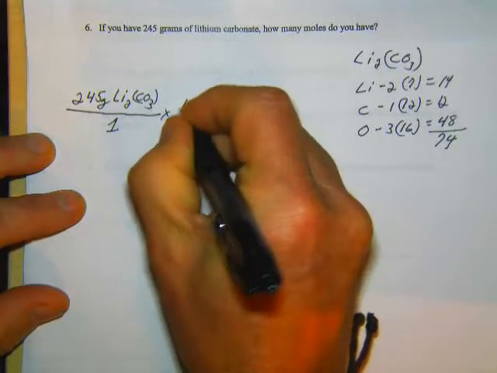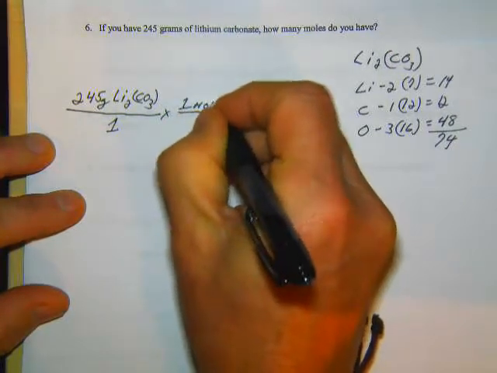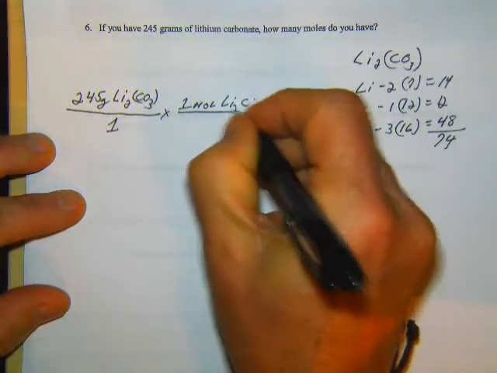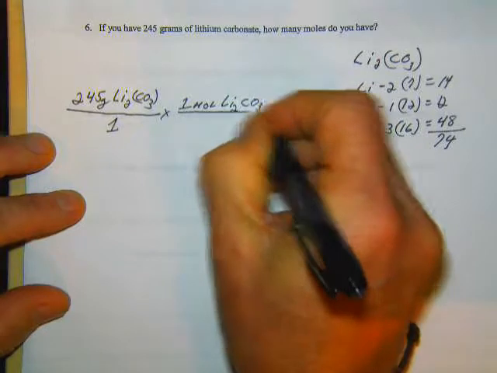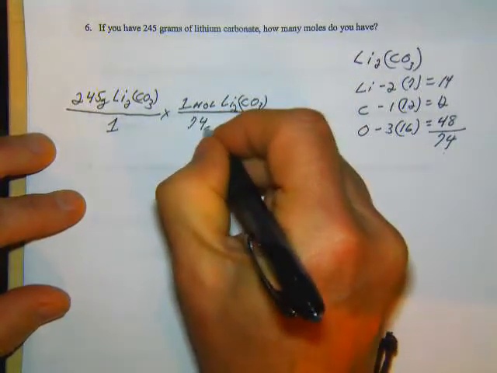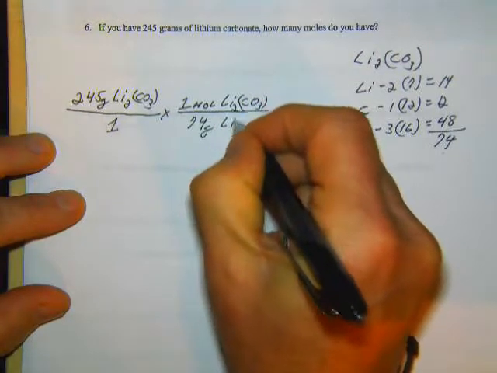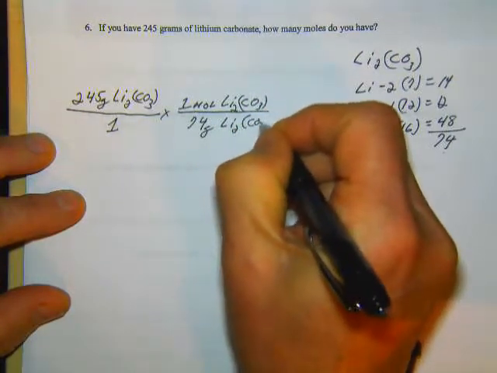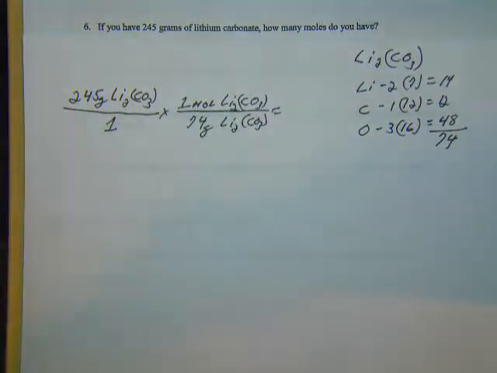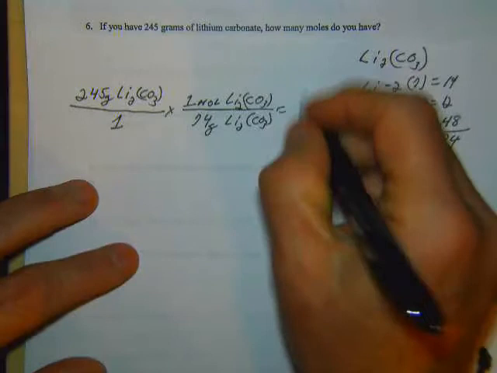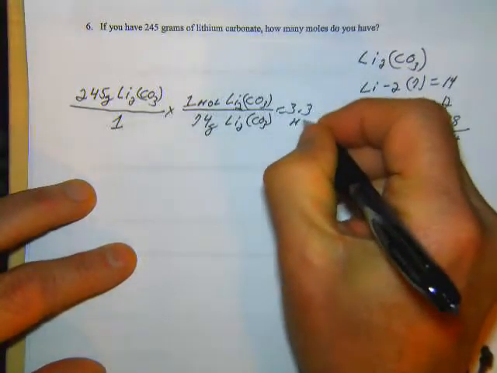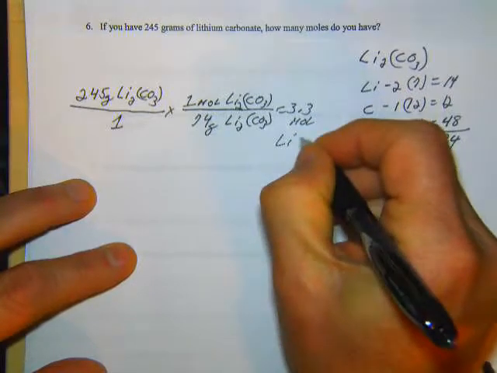And in 1 mole of lithium carbonate, Li2CO3, we know there's 74 grams. Well, if my math again is correct on here, it's going to come out to be approximately 3.3 moles of lithium carbonate.